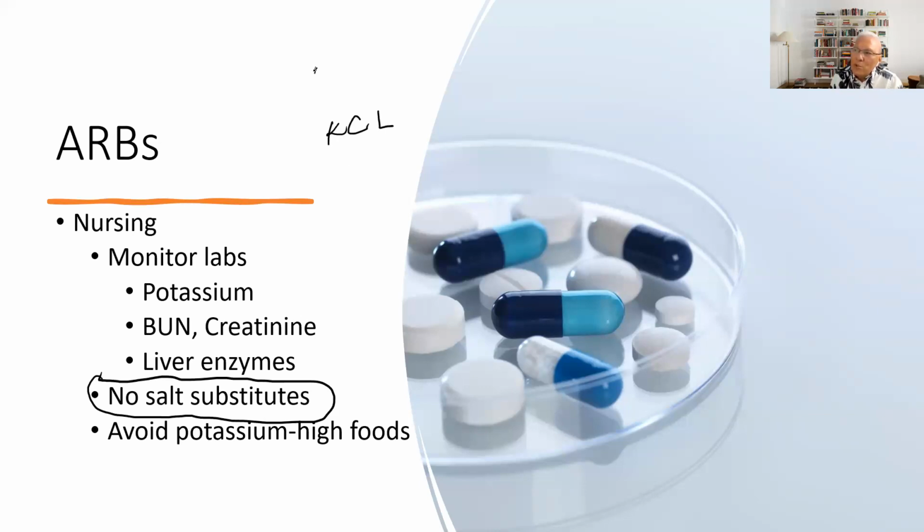When we use salt, it's sodium chloride, but when we use salt substitutes, it's potassium chloride. So therefore, this should be avoided, okay? And avoid potassium high foods. The foods that are high in potassium are mainly potato, particularly the peeling of the potato, and then your banana as well as oranges. So those are the important food items to avoid.